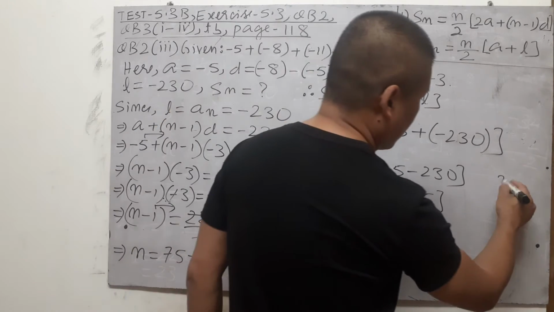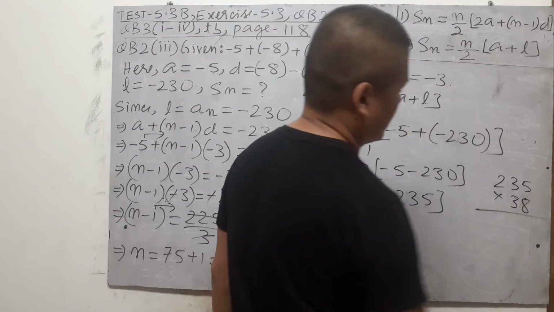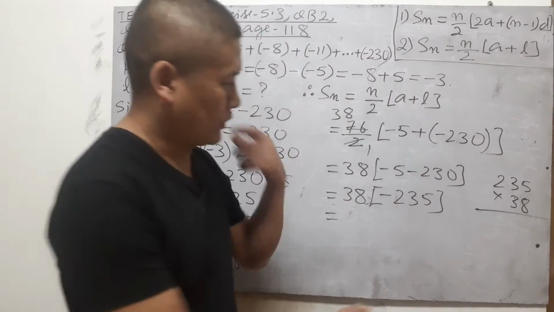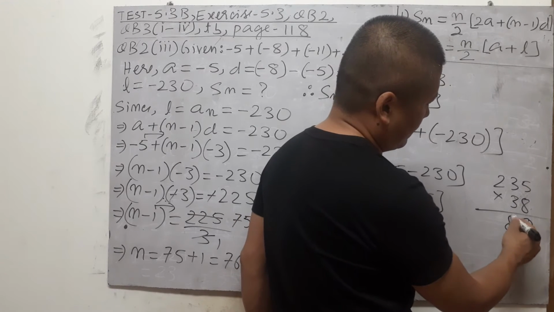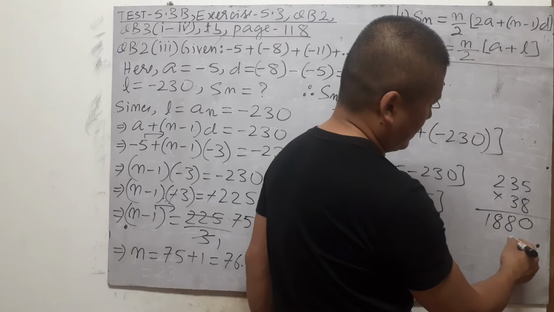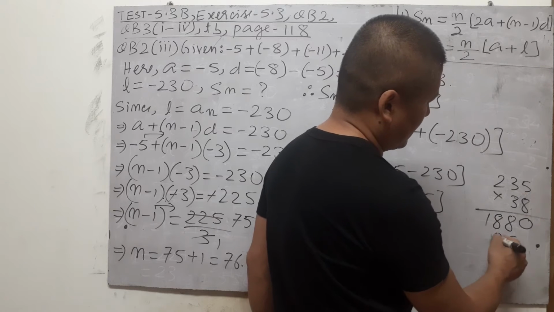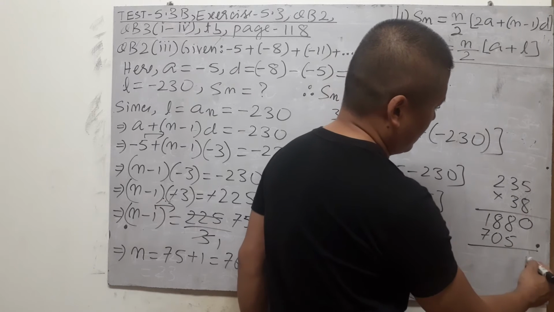So we need to multiply 235 by 38, and that will be our answer. 8 5s are 40, 4 in hand. 8 3s are 24, plus 4, 28, 2 in hand. 8 2s are 16, plus 2, 18. 3 5s are 15, 1 in hand. 3 3s are 9, plus 1, 10. 1 in hand. 3 2s are 6, plus 1 remainder, 7.